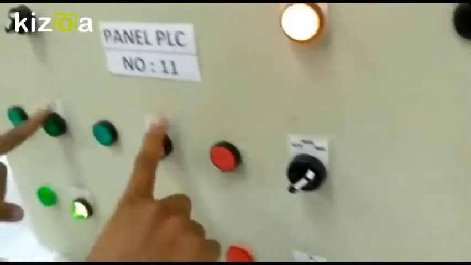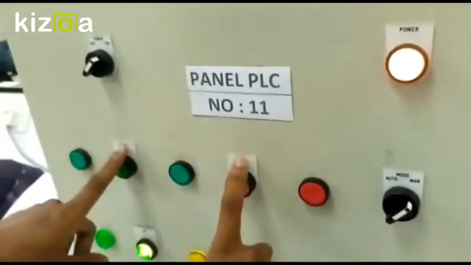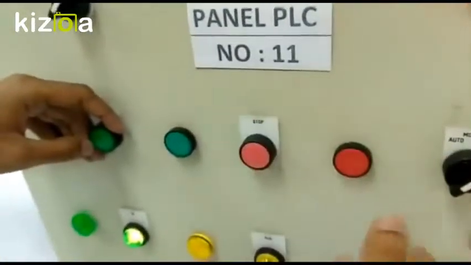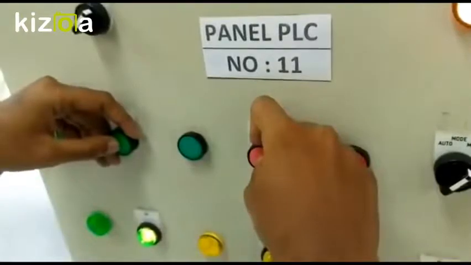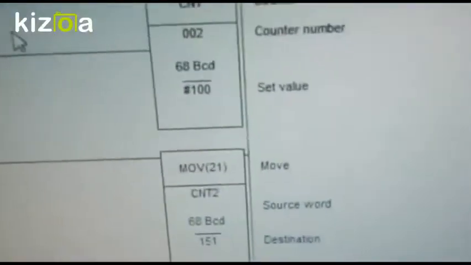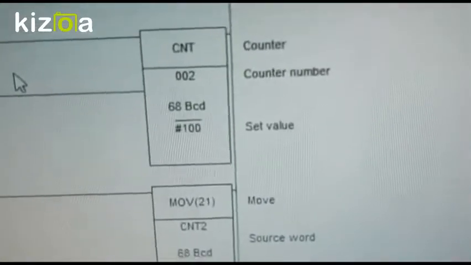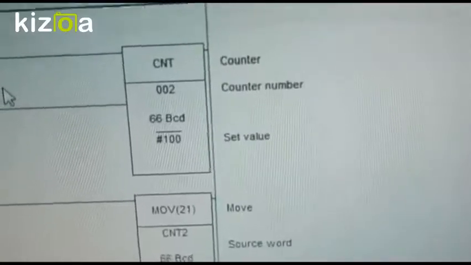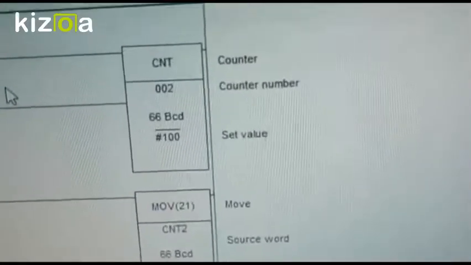So we use these two buttons to indicate the cone is broken. Okay, let's break this cone. Press, and you can see the counter does not count because the cone is broken. Then the next cone will enter. That's why the counter is counting again.